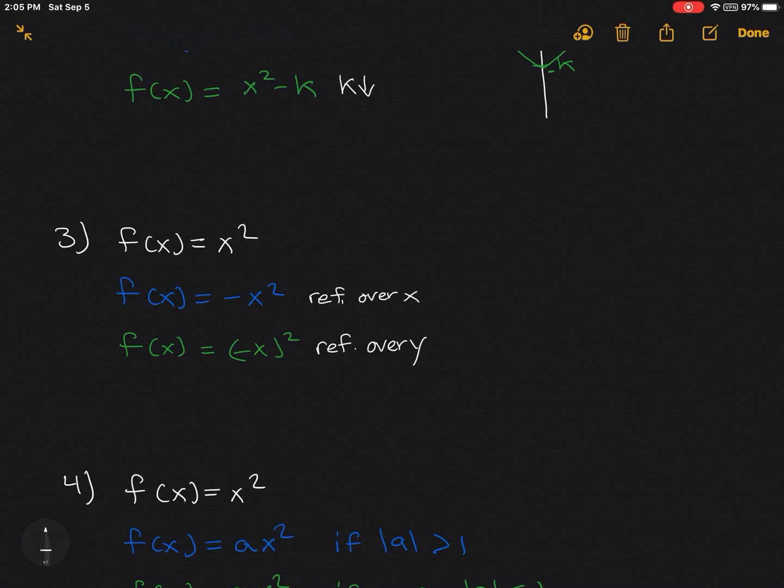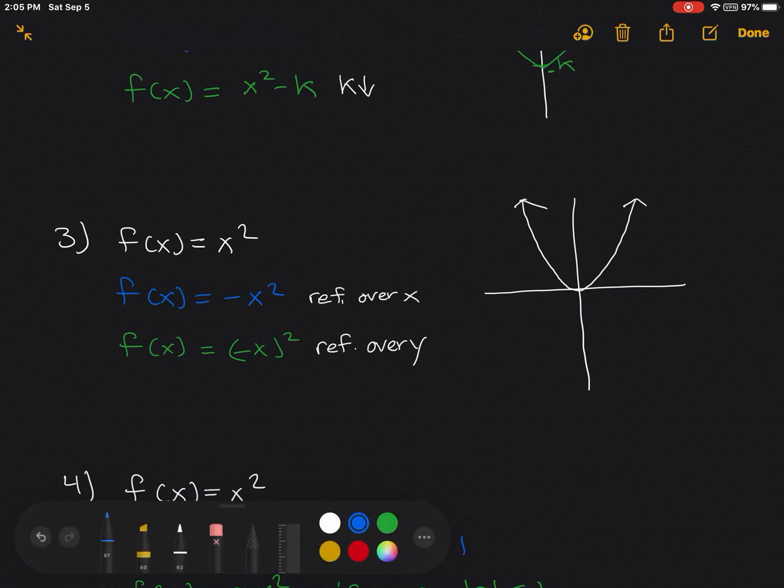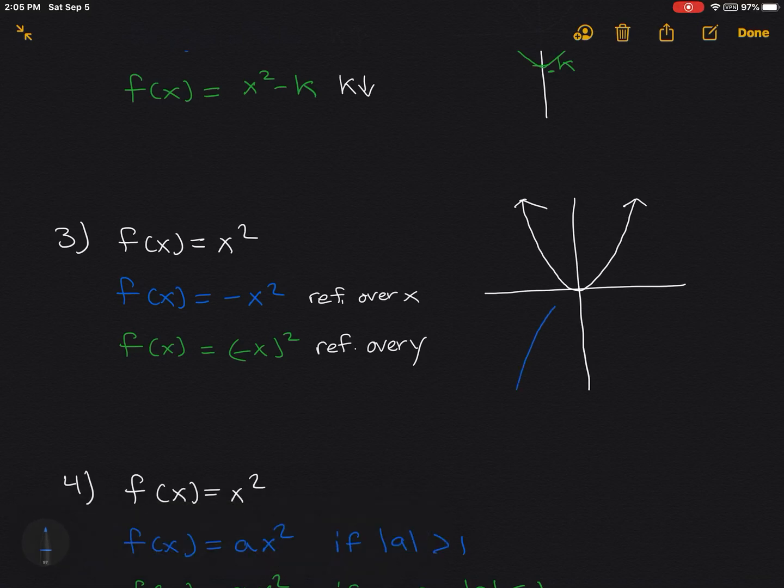All right. Let's see what that looks like. Okay, so f of x equals x squared. There's my parabola at the vertex of 0, 0. Now, reflection over the x, that is fairly straightforward. It just looks something like this. The parabola basically goes down.